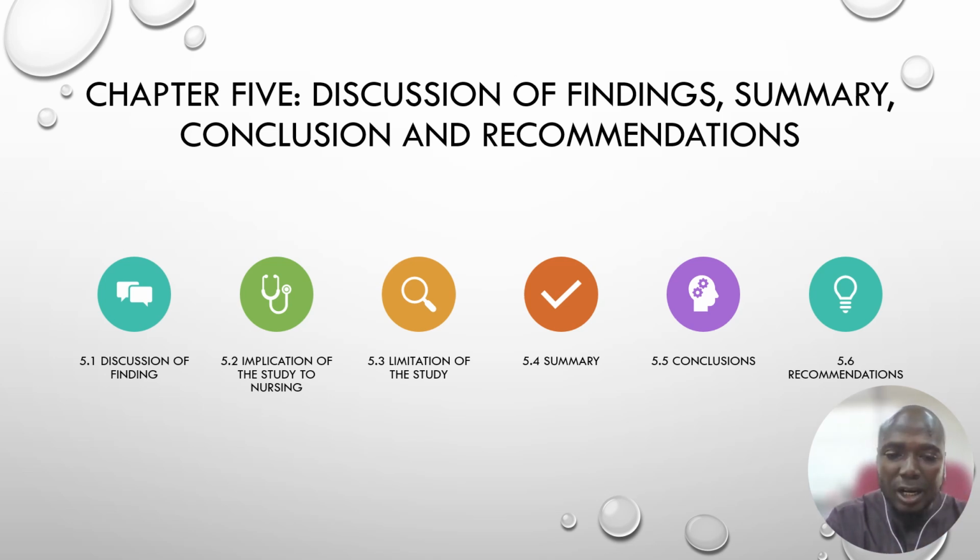The person that you said talked about information technology, is it in line with your own finding or contrary to your finding? Then you now state, okay, in this study we found out that this is in line with so-and-so, but contrary to so-and-so. This is how you do your discussion.